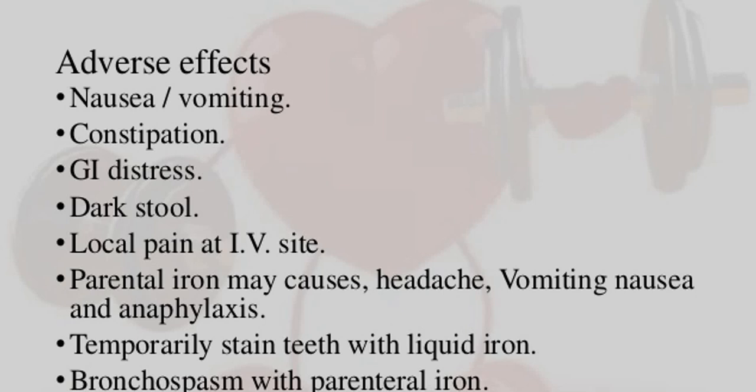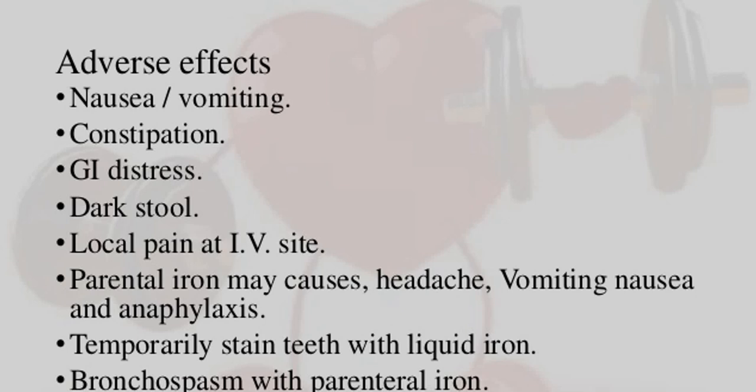After taking these drugs, some patients suffer from black stool, hard stool, and local pain at IV sites. Whenever we put an IV set in the hand, localized pain will be present in that area.